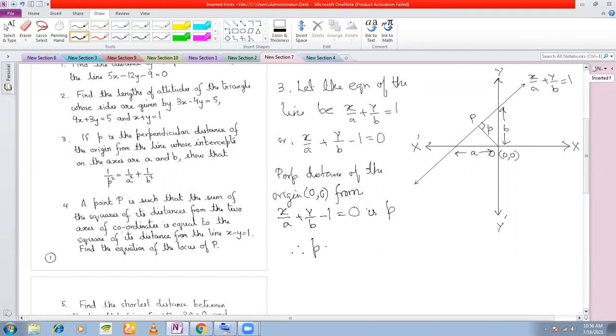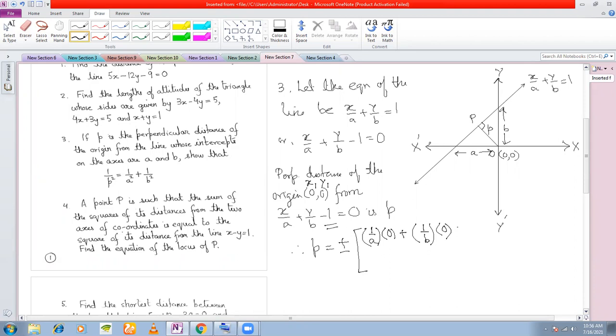Therefore p is equal to, what is the perpendicular distance of the origin from this? Mod, let me use plus or minus. Plus or minus, take the origin as x1, y1, and which one is your a here? A here is 1 by a, right? Isn't it? x by a plus y by b. So a here is 1 by a. So a x1 plus b y1 plus c.